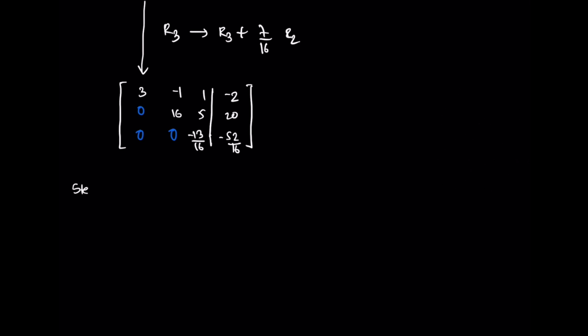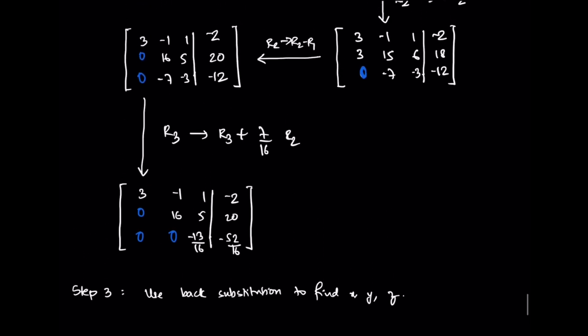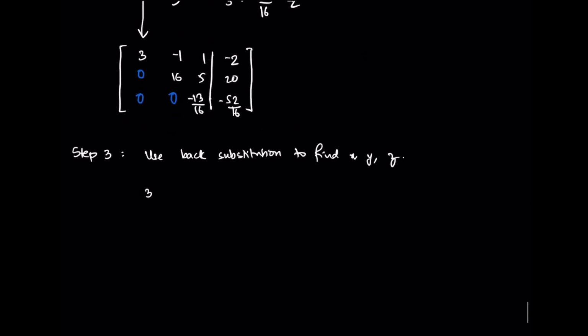So step 3: use back substitution to find x, y, and z. So here we go. Let us simply write out our equations now. 3x minus y plus z is equal to minus 2.